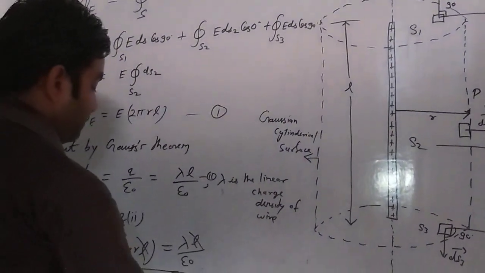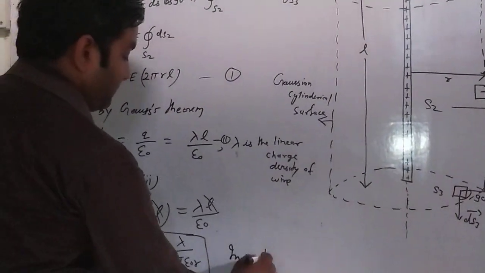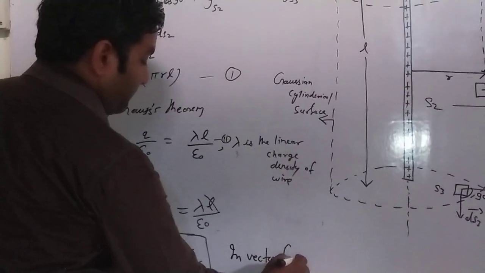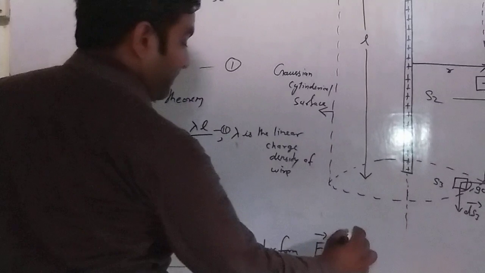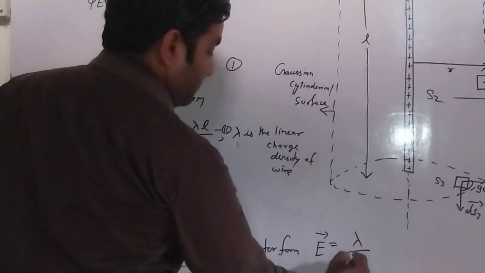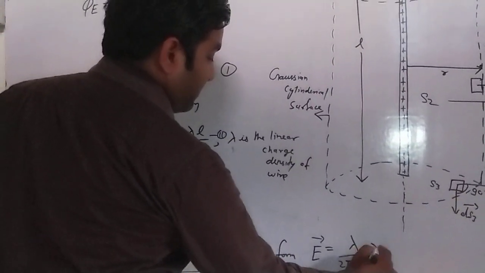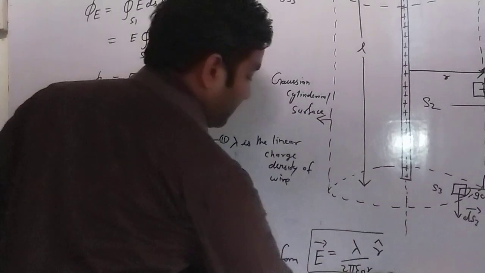In vector form, vector E is equal to lambda upon 2 pi epsilon naught r times unit vector r cap.